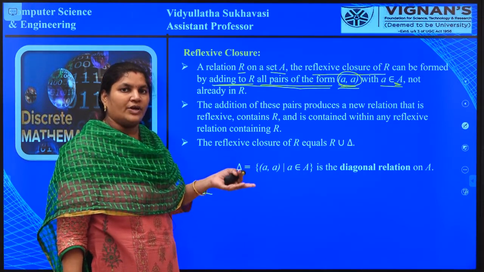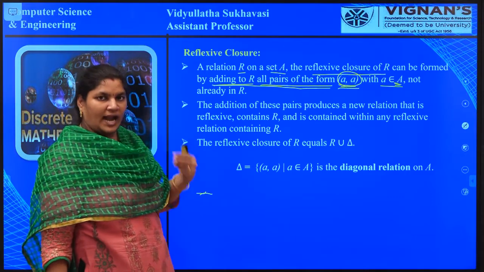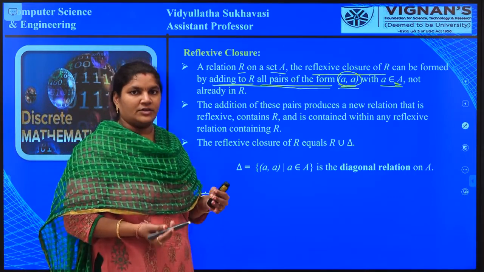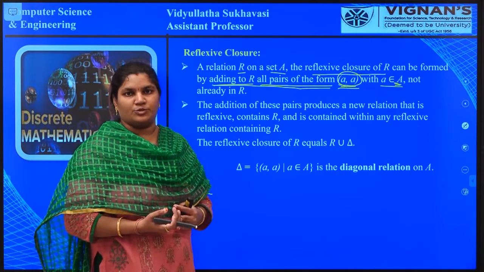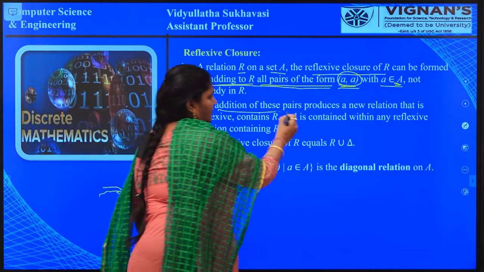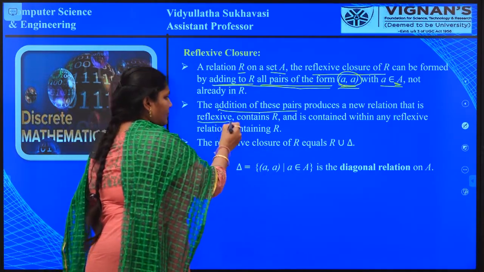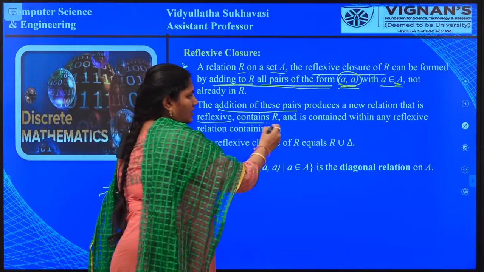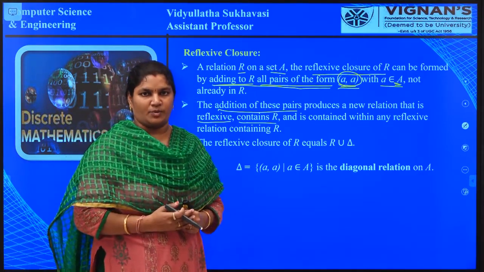That means to get the reflexive closure, we need to add the ordered pairs which are not in R and which satisfy the reflexive property. The addition of these pairs produces a new relation that is reflexive and contains R. Initially the given R is not satisfying the reflexive property.